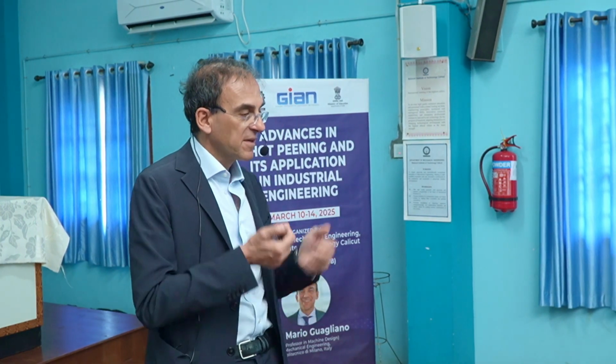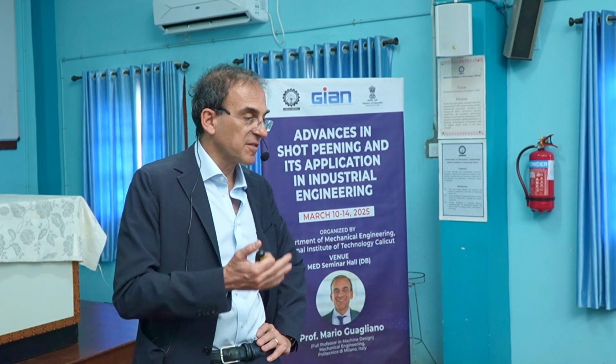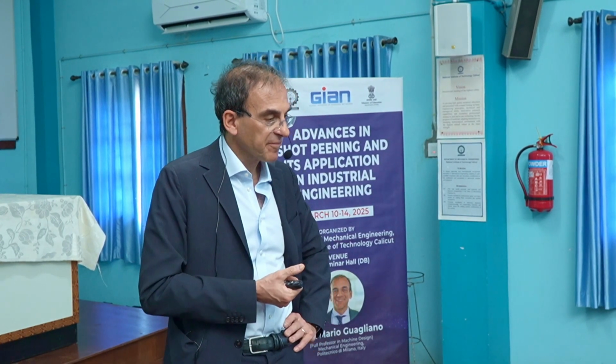This is a qualitative graph that gives an idea of the role played by residual stresses and surface work hardening induced by shot peening. I want you to assume it as qualitative, because the quantitative scale varies with the material.